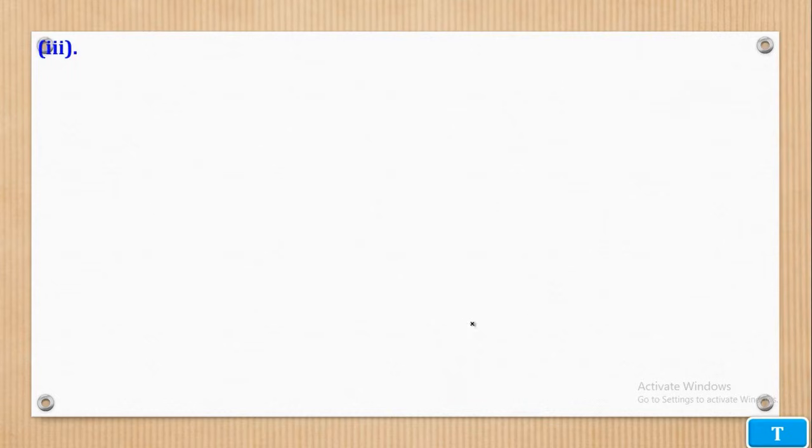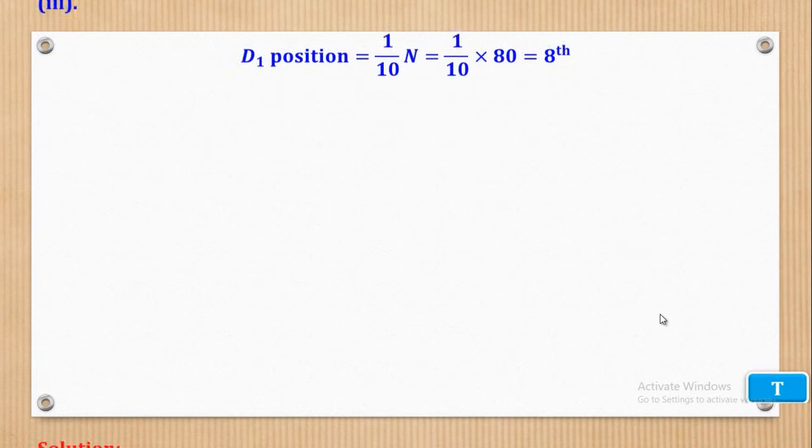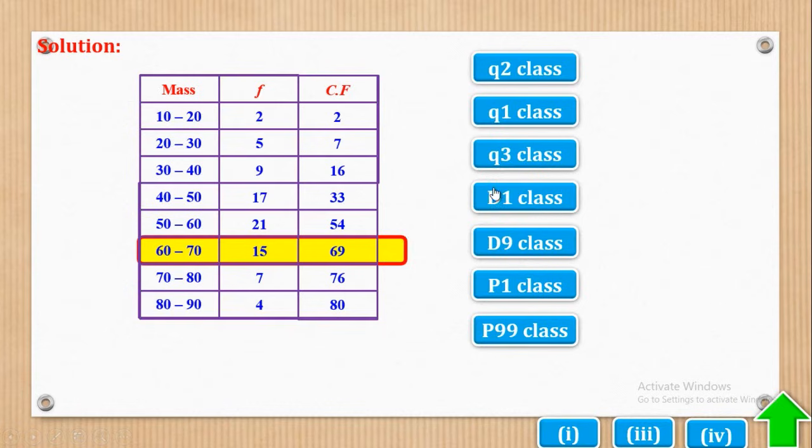Then now we shall go to Roman 3. In Roman 3, they want a decile range, so the first decile position is 8. So I'll locate 8 in my CF column. 8 will lie here because 7 is smaller than 8.